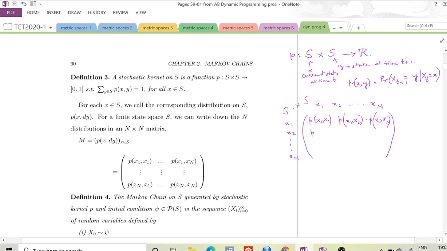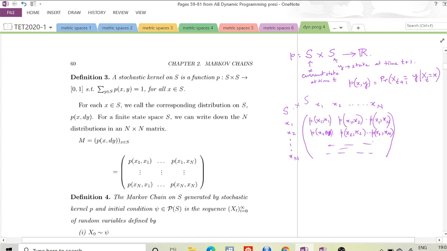And you can fill up the other probabilities with which transitions are made from the current state, x1, x2, all the way through, and so forth.